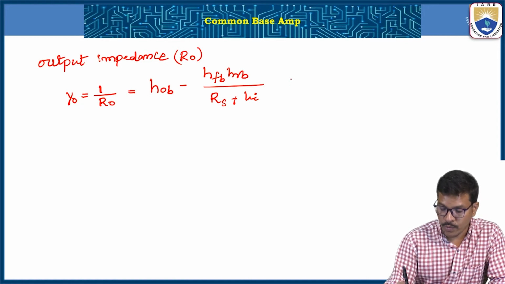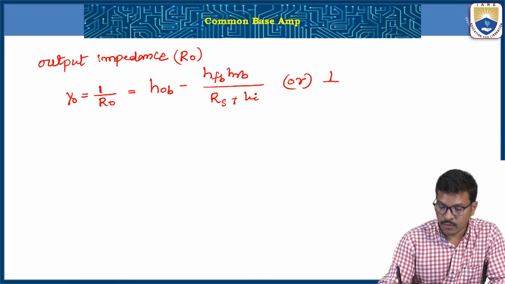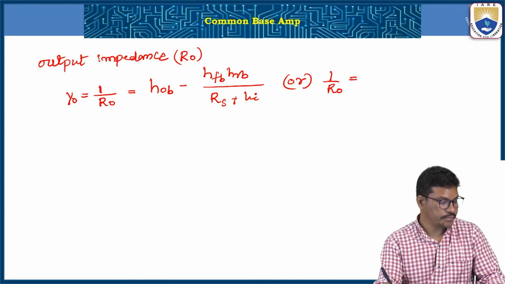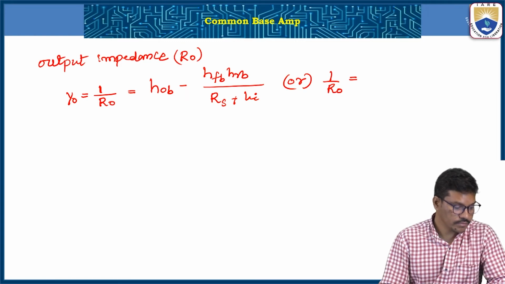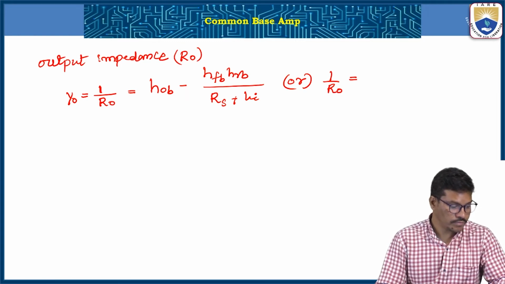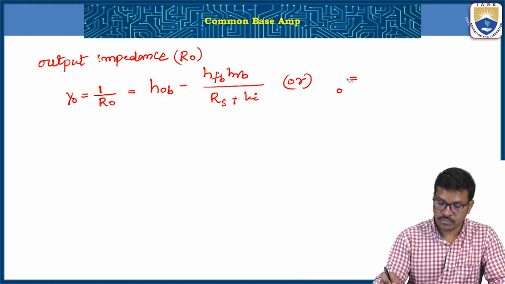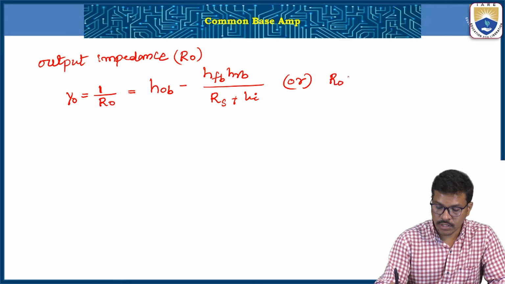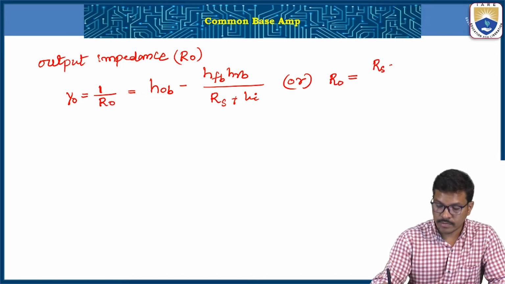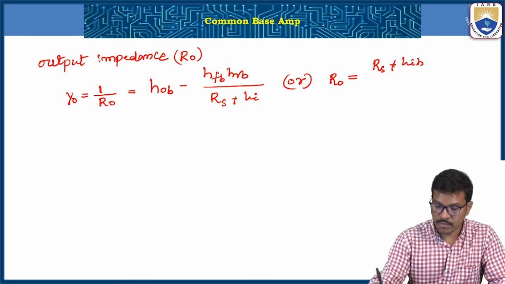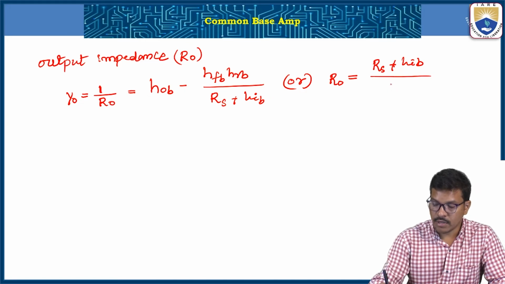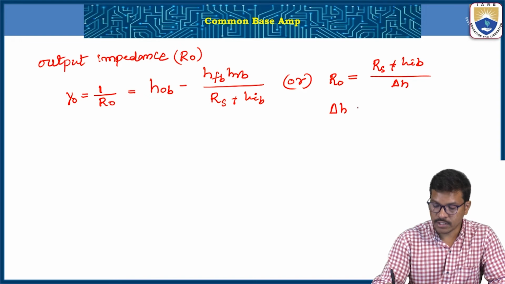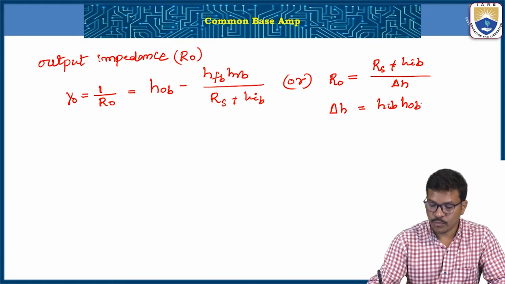Or we can take another formula: R naught is equal to RS plus HIB divided by delta H, where delta H is equal to HIB HOB minus HRB HFB.